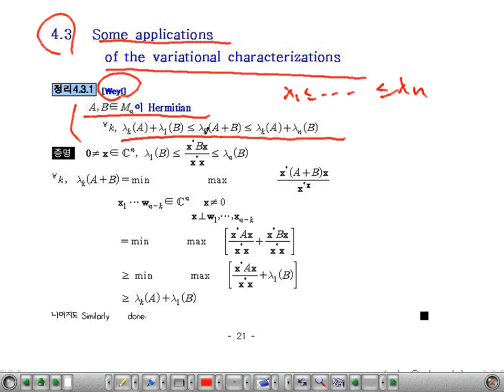Then the k-th eigenvalue of A plus B is bigger than or equal to the k-th eigenvalue of A plus the smallest eigenvalue of B, and this is smaller than or equal to the k-th eigenvalue of A plus the largest eigenvalue of B. This is the kind of problem that everybody is curious about, isn't it? What's the eigenvalue structure?